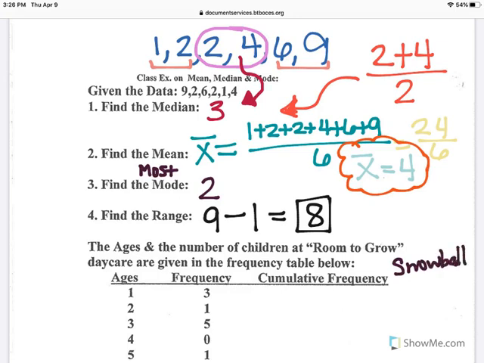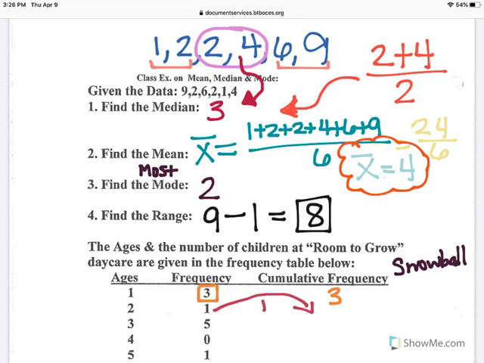So you're adding on from the previous thing, and if you think of a snowball and you roll that little ball and you keep rolling it in the snow, it's going to accumulate and get bigger and bigger and bigger, and that's what's going to happen here. So for cumulative frequency, you start with the first frequency number that you see in the list, and that's going to be 3, okay? And then you start to add in what you have.